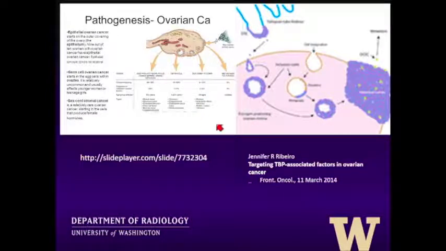Okay, and so then the question is, how is it that an epithelial cell like this ends up forming an ovarian cancer where all of the proteomics and genomics that we're looking at are for gametes, for oocytes? There are no oocytes in these.